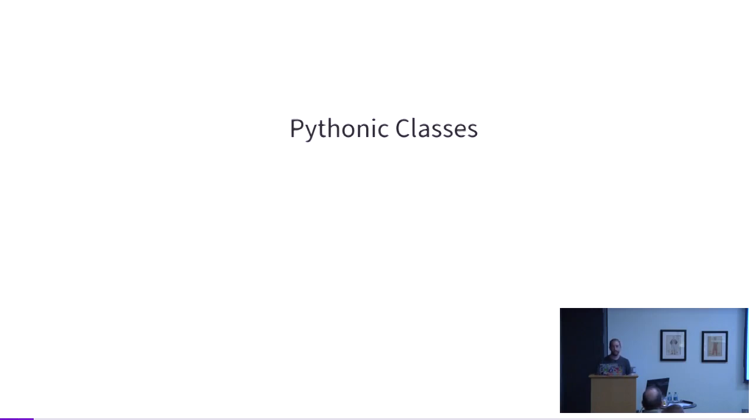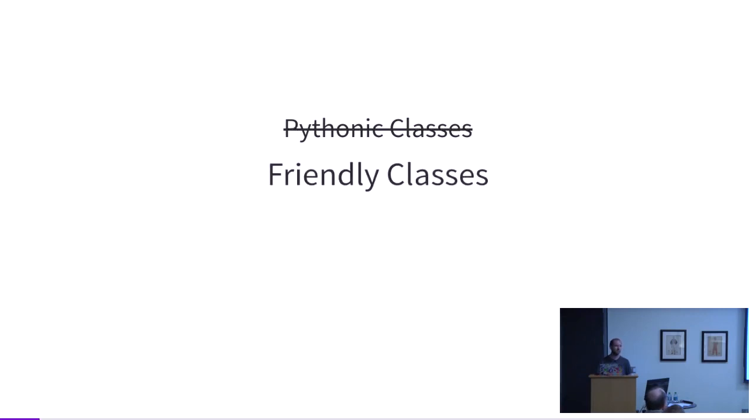So we are going to talk about classes. I would like to talk about making classes that are easier for developers to use. Now, I'm really, really tempted to use the phrase Pythonic classes to describe this idea, but that word Pythonic is a loaded one, and it's a somewhat controversial one at times. So I'm going to instead call these friendly classes. Friendly classes are friendly for the developers who use them.